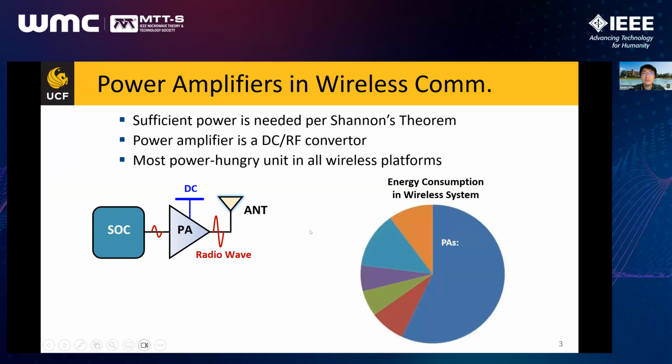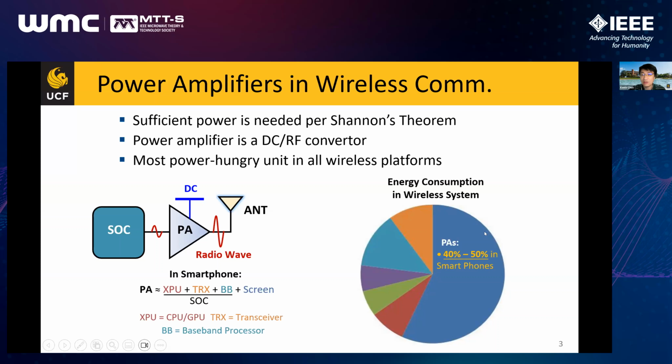And as you can see, the power amplifier is the most power-hungry unit in all the wireless platforms, and it can consume up to 50% of your battery power in smartphones. And in the base station, it is almost equal to the combination of the CPU, GPU, baseband, and transceiver, plus the touch screen.